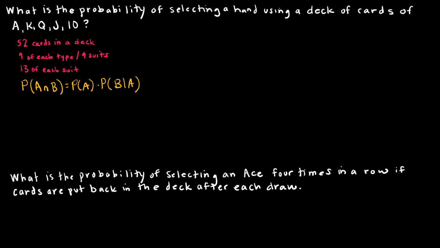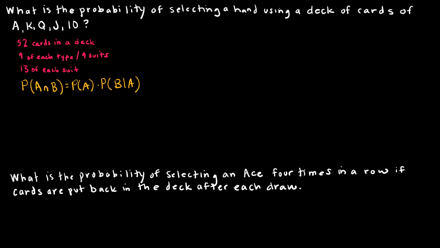There are 4 of each type, and those types include ace, 2, 3, 4, all the way up through 10, jack, queen, king, ace. And there are 4 suits: hearts, diamonds, clubs, spades. And there are 13 cards in each suit. I've also included a formula there for us to use, which I'll talk about in just a moment.